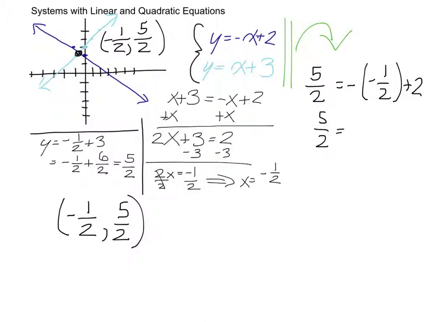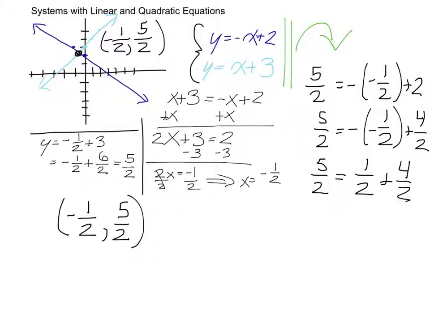I can write 2 as 4 over 2 because 2 goes into 4 2 times. Okay, so this becomes 5/2 equal to negative 1/2 plus 4 over 2. Now I have 5/2 equal to 5/2 as I desired. So I know that my first equation is true.